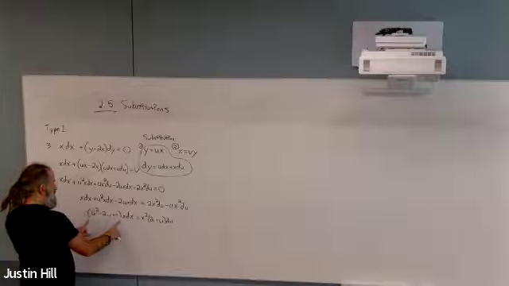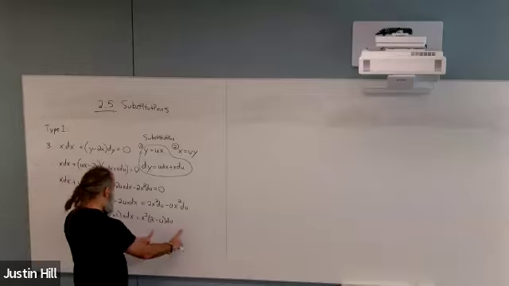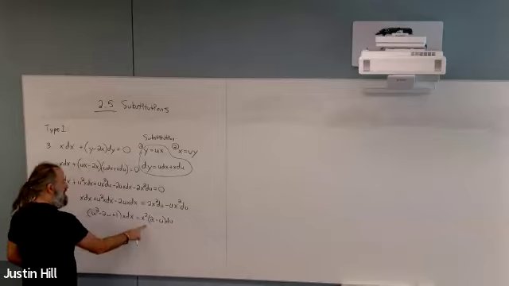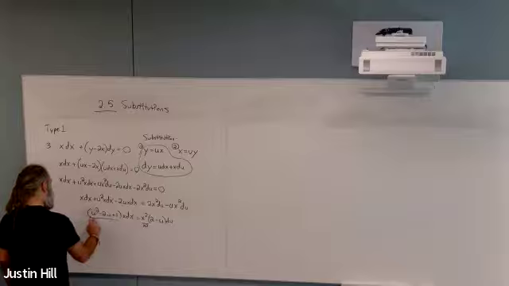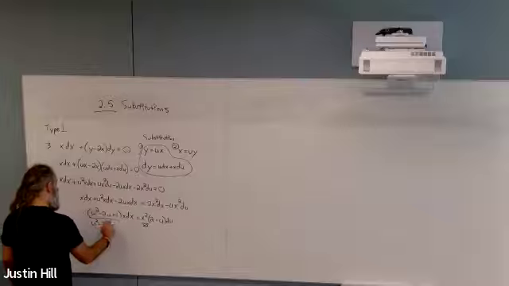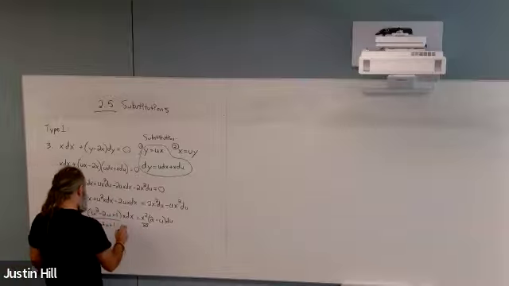So then what I can do is divide this off, bring it down on this side, and divide the x squared off of this side. I'm just doing the same thing on both sides.